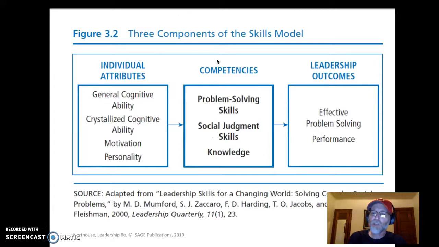Now, this breaks down a little bit because to some degree, these individual attributes are a bit trait-like, a bit personality-like. It's a bit like the trait approach. It's not complete skills. It's more skills than not, but it is enhanced by individual abilities and motivation and personality.